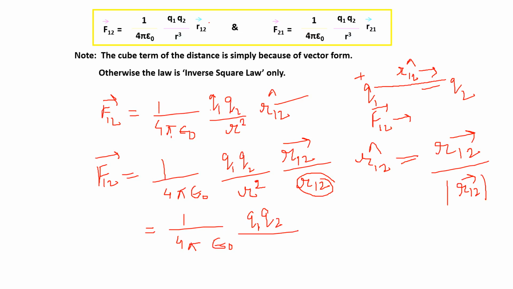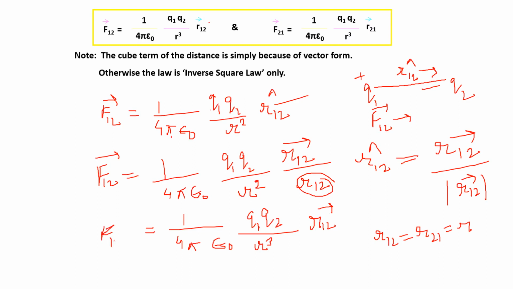So r square into r is r cube, and this is vector R12. So that's why F12 is written here as 1 upon 4 pi epsilon naught Q1 Q2 upon r cube R12.